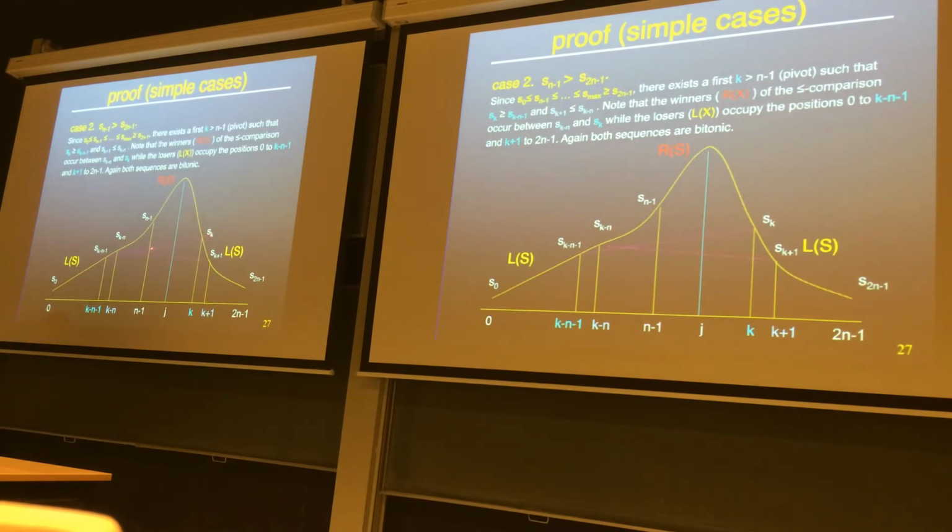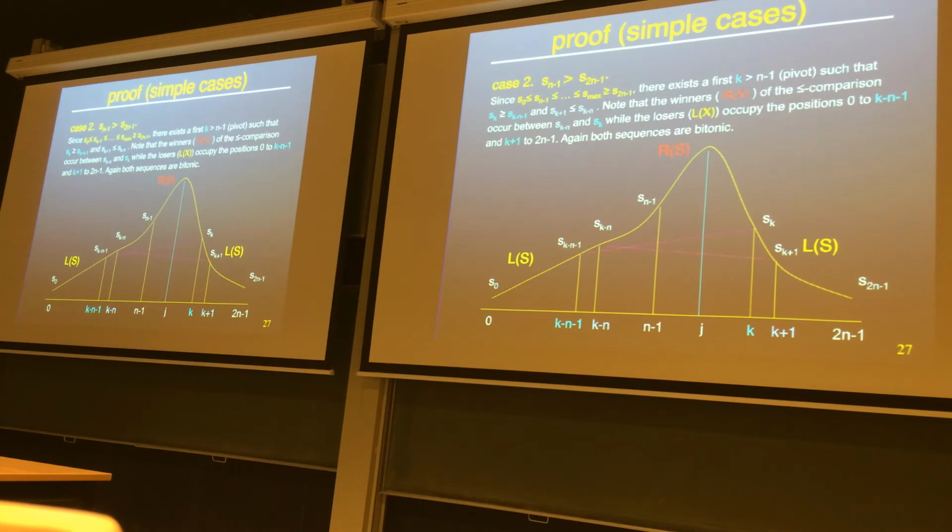Sk is at least as large as Sk-n-1, and Sk+1 is smaller than Sk-1. Yeah? So this is a kind of crossing point, so to say.